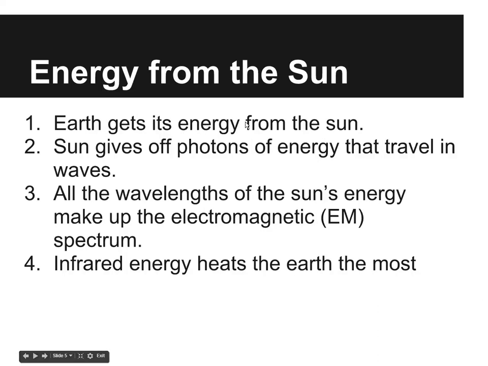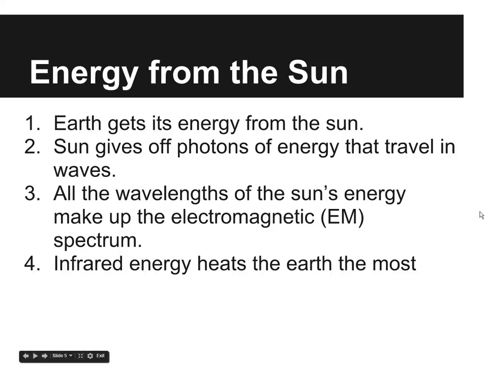Earth gets most of its heat or thermal energy from the sun. The sun gives off photons of energy that travel in waves. All of the wavelengths of the sun's energy make up what's known as the electromagnetic, or EM, spectrum.